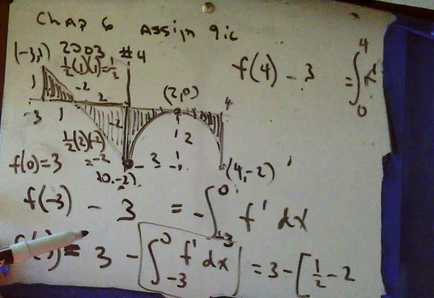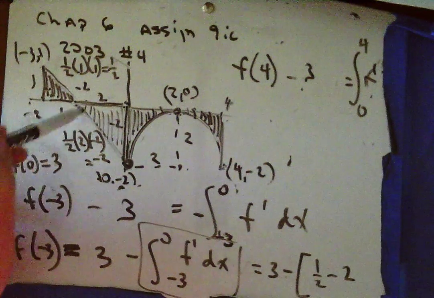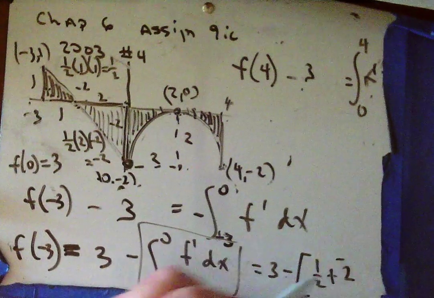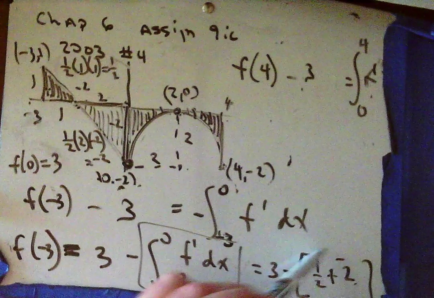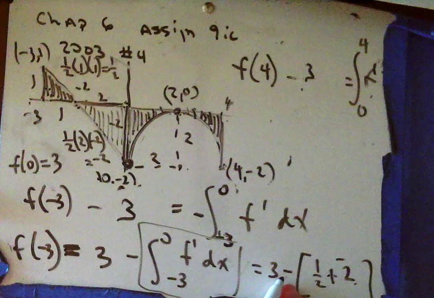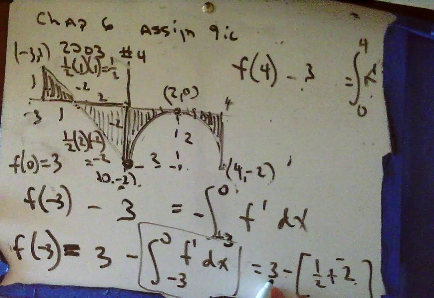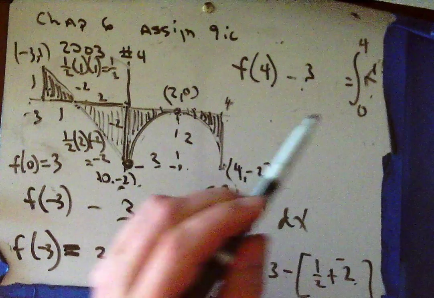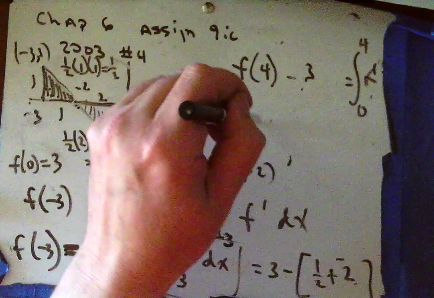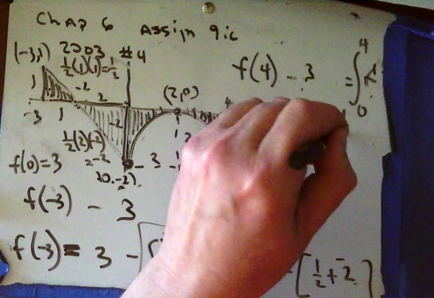Minus 2 or minus 2? Hold on a second. This is minus 2. Yes, I'm going to say I'm adding those two together. That's going to be negative 1.5, times a negative is positive 1.5, plus 3. 3 plus 1.5 is 4.5. And so I should end up here with f of negative 3 equals 4.5.